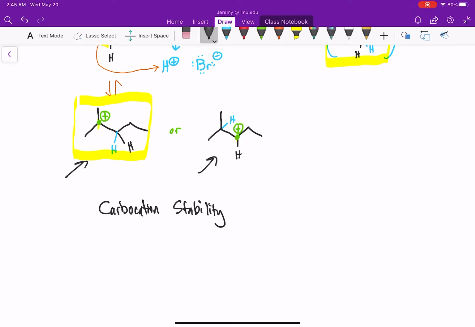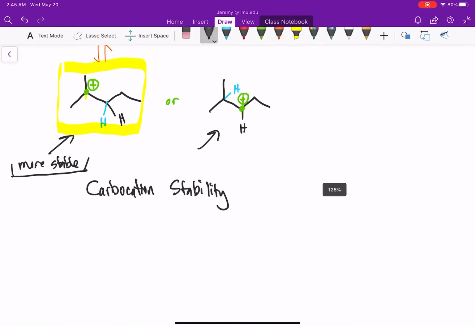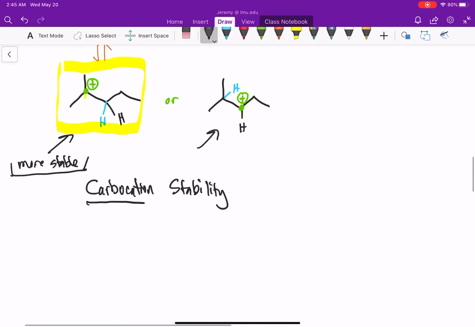Well, the answer is simple. The carbocation on the left is more stable. And it turns out carbocation stability is pretty simple. A tertiary carbocation is going to be more stable than a secondary carbocation, which is therefore more stable than a primary carbocation, right?